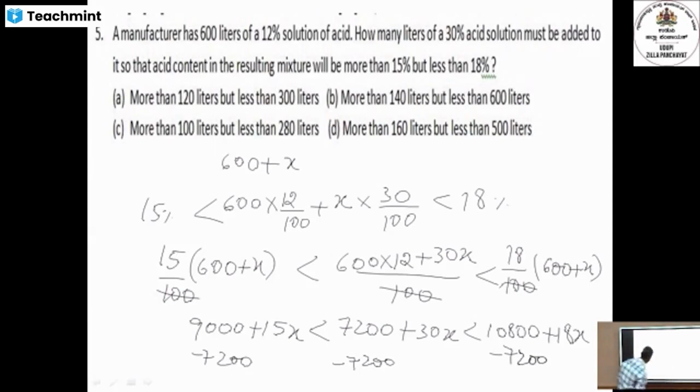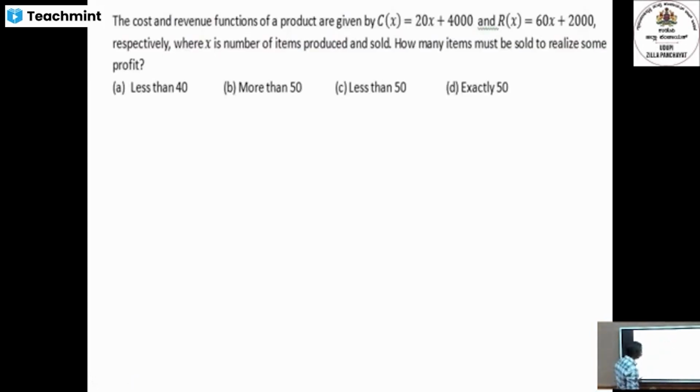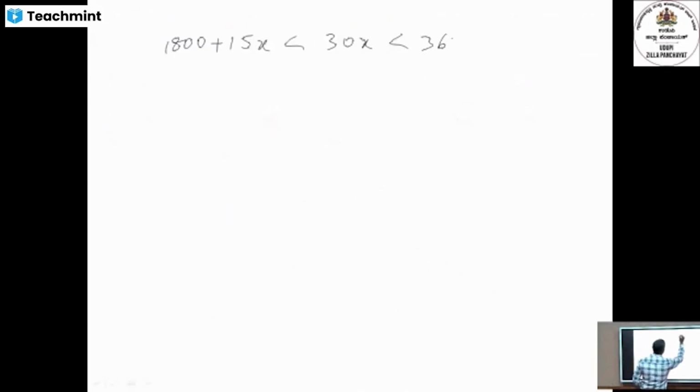We will be left with 9,000 minus 7,200, that is 1,800 plus 15x, less than 30x, less than 3,600 plus 18x.